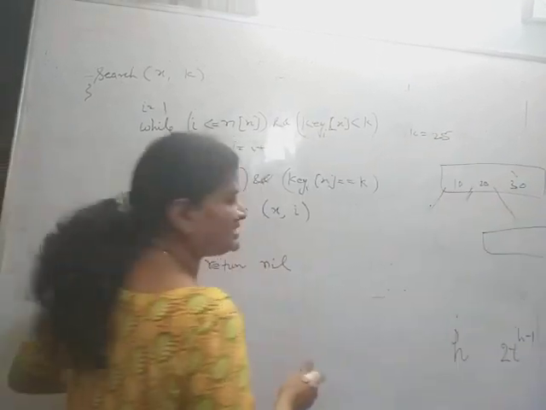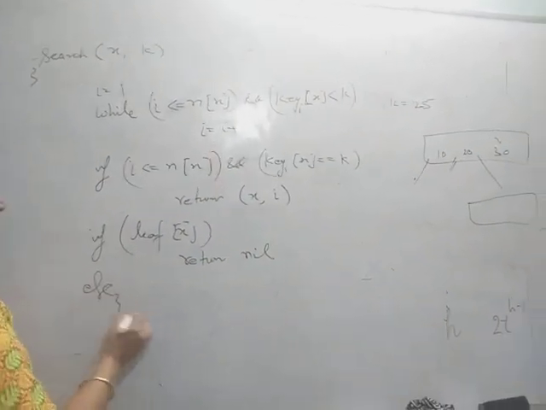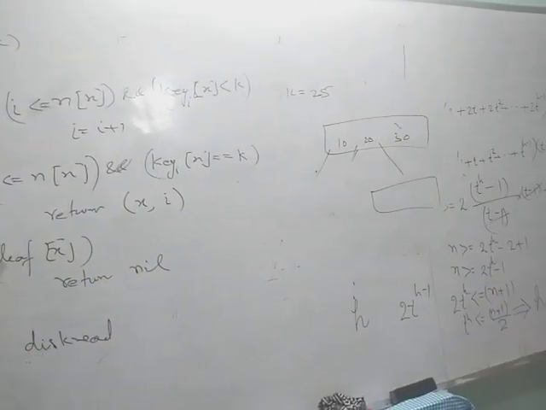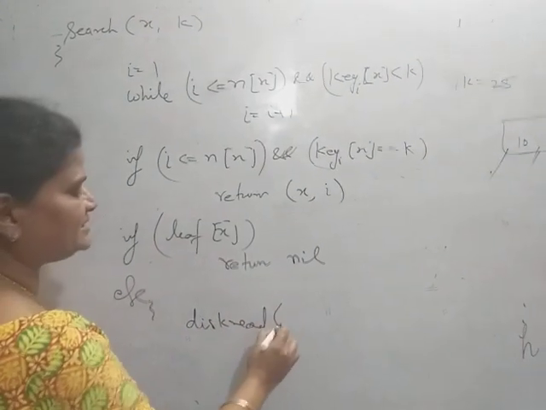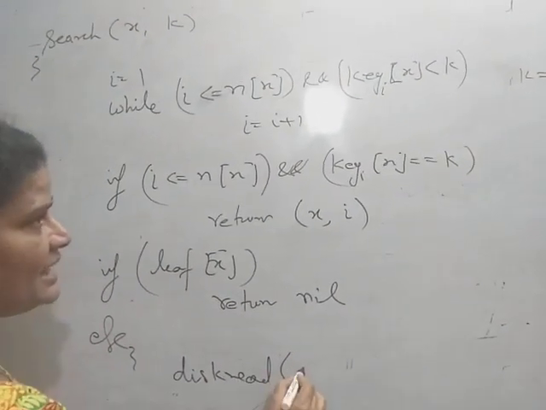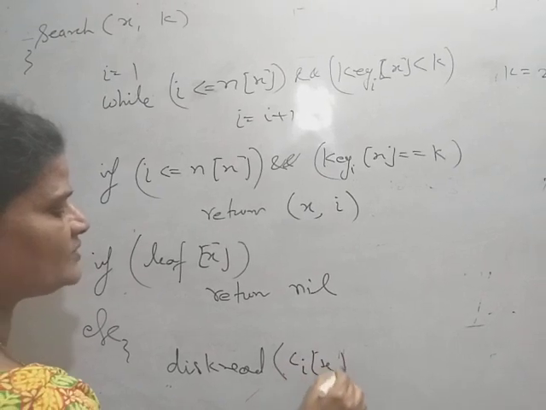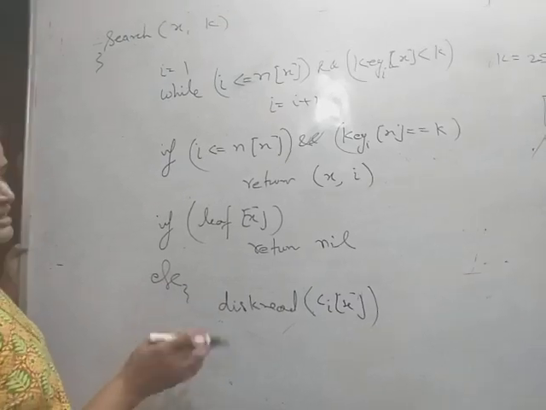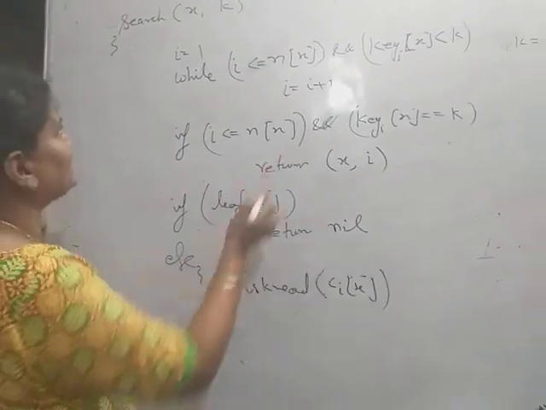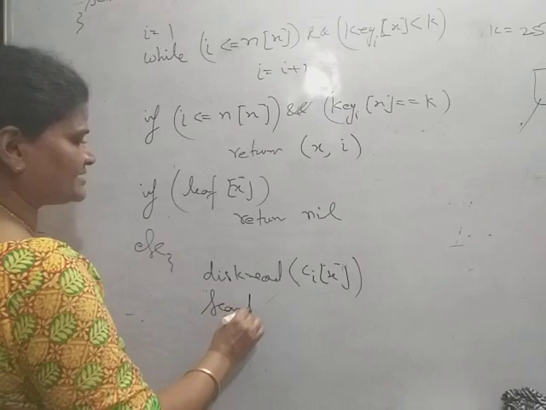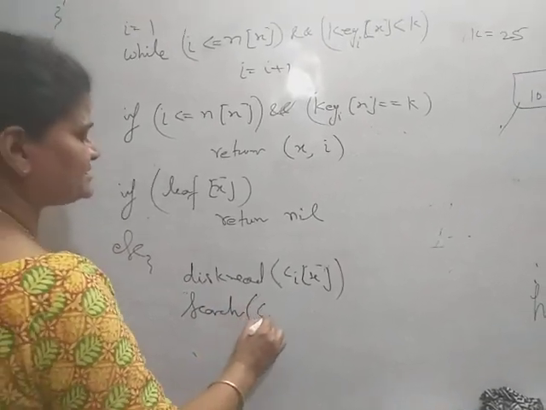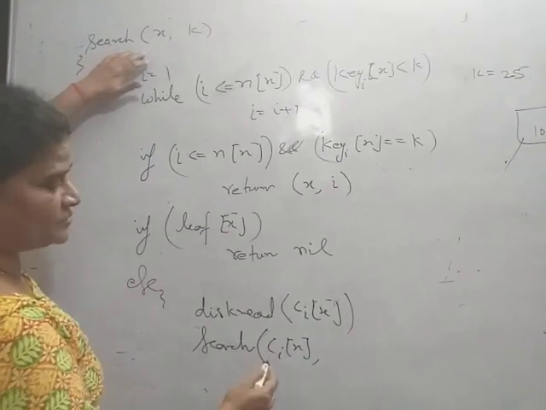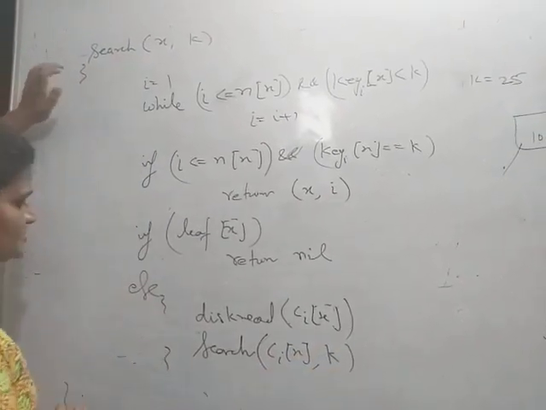So the ith child will be read: disk read of c i of x, the root of the subtree in which 25 may be present. Then you again call the search function on c i of x and k. Now the problem is converted to searching for the key in the subtree rooted at c i of x. Okay, so this is the search function.